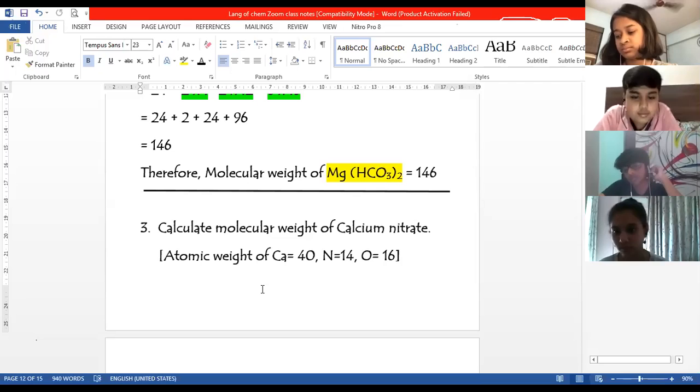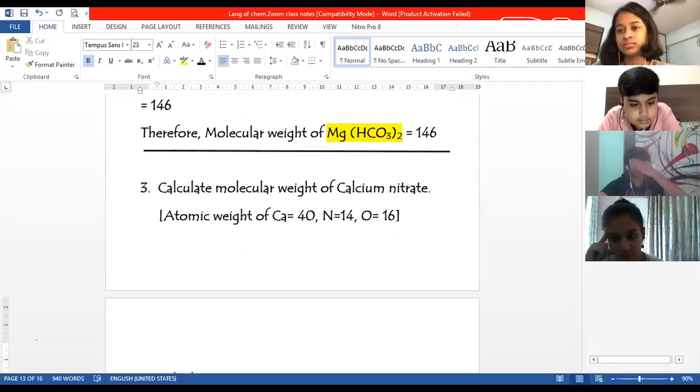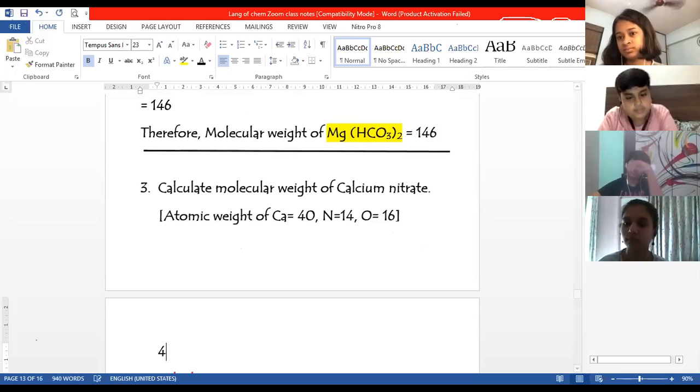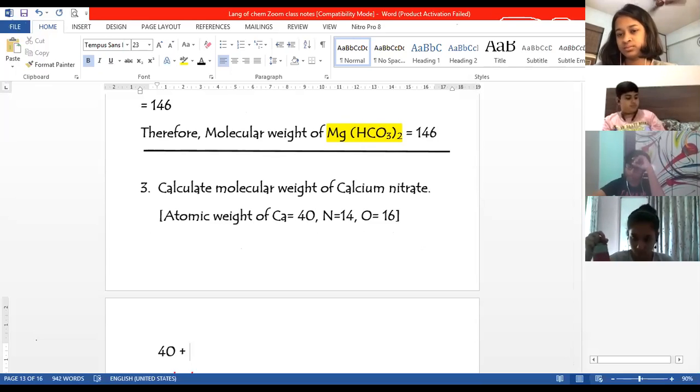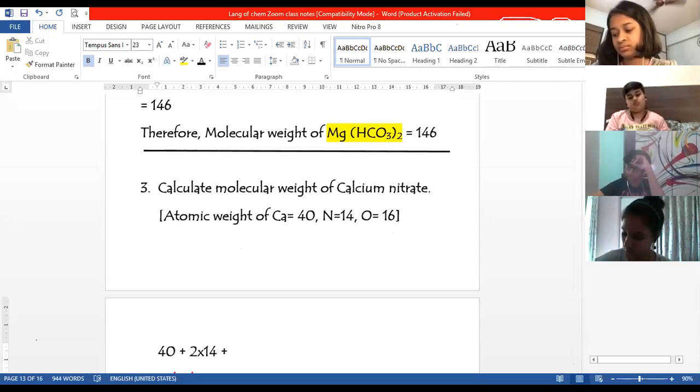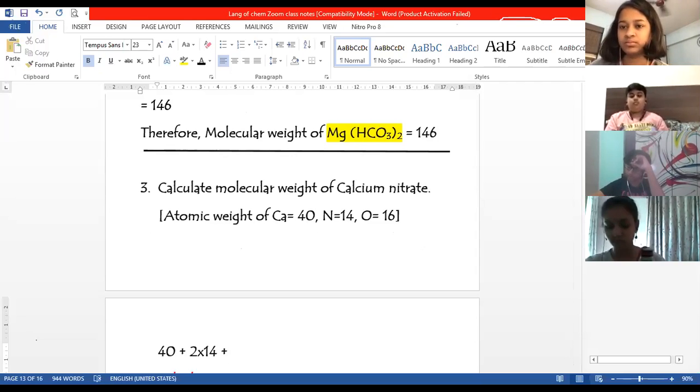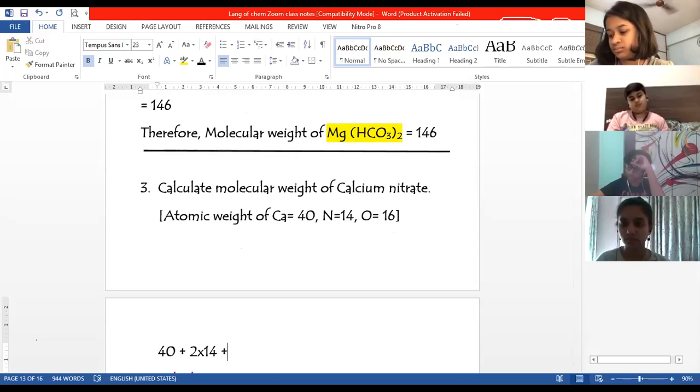Okay, so we have calcium. The atomic weight of calcium is 40, plus we have NO3 twice, which means NO3 is in a bracket. So N will be multiplied by 2, so this will be 2 into 14, plus we have 3 oxygen inside the bracket and 2 outside the bracket. So 3 into 2 is 6, just as we did in the previous questions. That is 6 into 16.